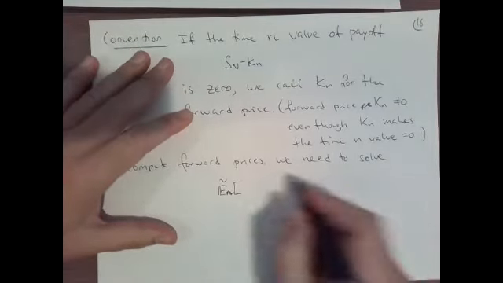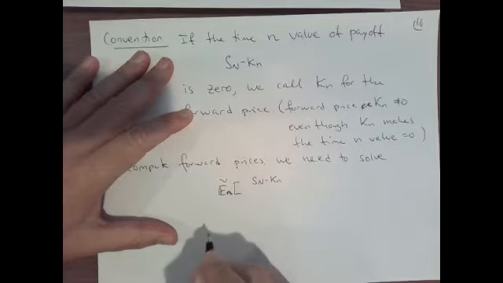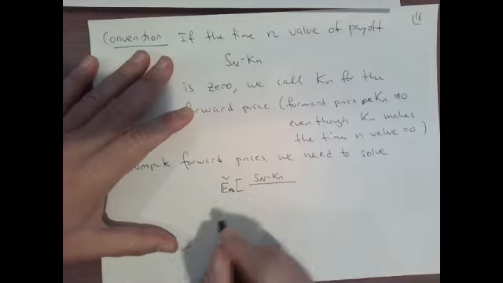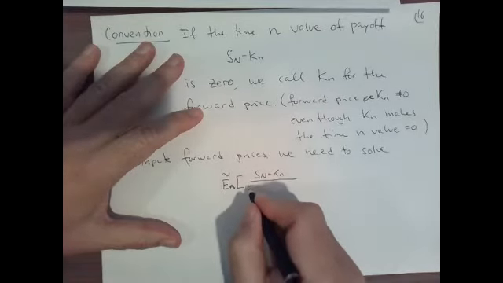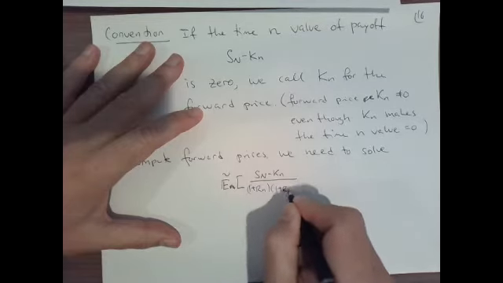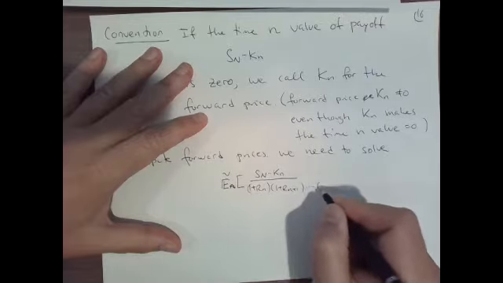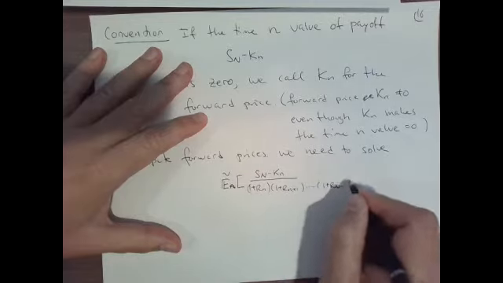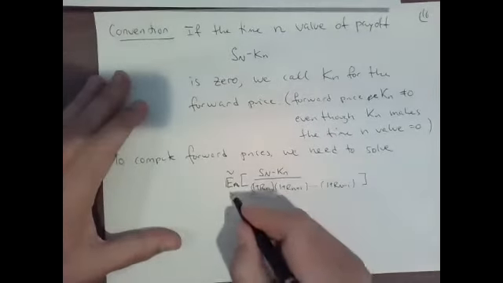So Sn minus Kn. We roll it back to time n. So we divide here by Rn as 1 plus In plus 1 all the way up to Rn minus 1. And this here is the value.